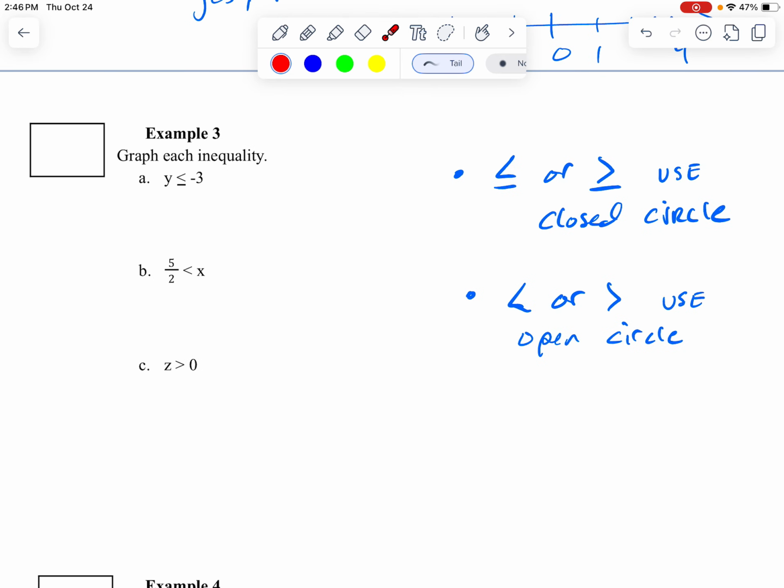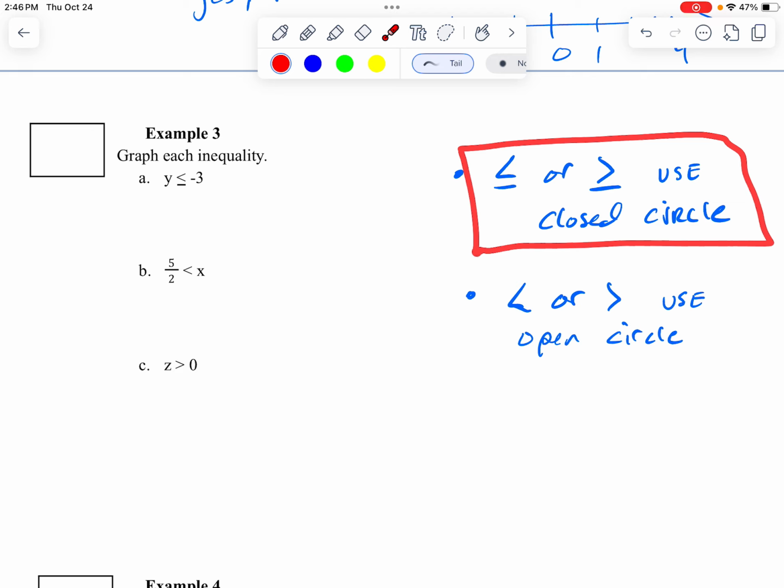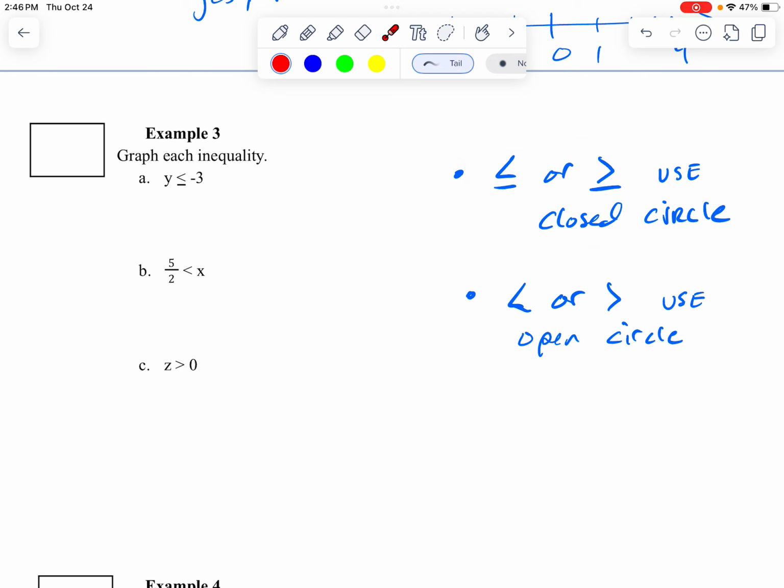Moving on to graphing. Remember, inequalities represent a number of solutions, so it's not just one solution. If it is less than or equal to or greater than or equal to, we're going to use a closed circle that represents that the value is included in the solution. So let me just draw this out here real quick.